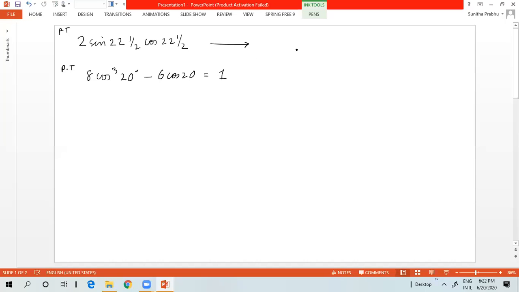You understood, right? Sine 45 is 1 by root 2. Correct, no? Yes, sir. 2 sine theta cos theta is sine 2 theta. Right? So theta is 22.5, twice 22.5 is sine 45, which is 1 by root 2. Right? Similarly, how will you do this one? Tell me, Neha. One second.